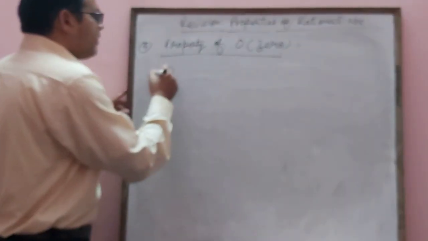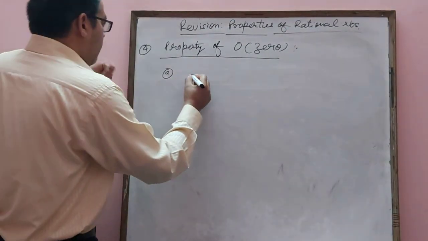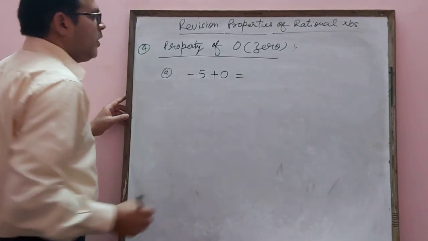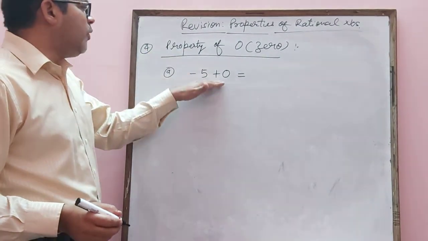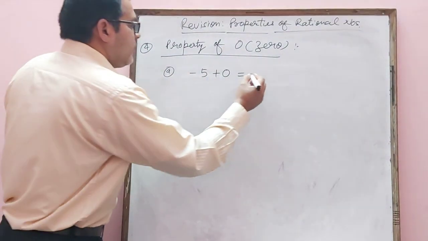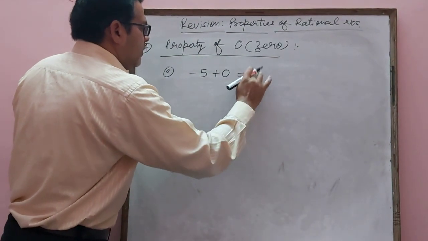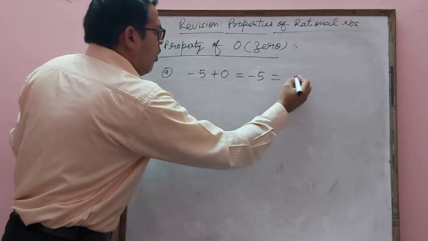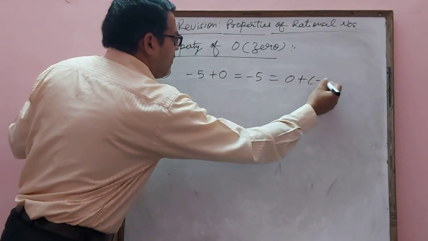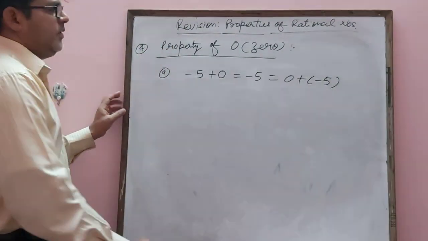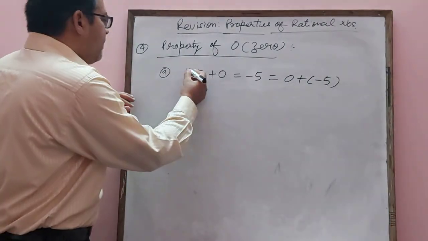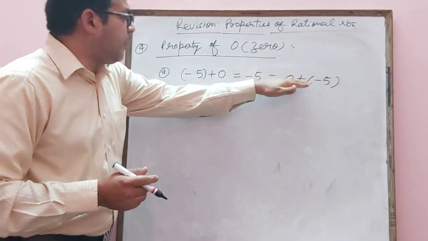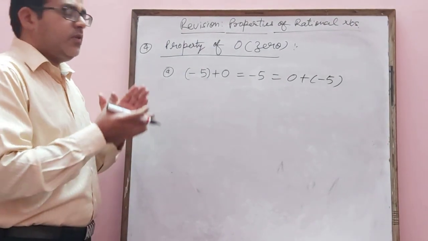Three observations I am taking here. If we add 0 to an integer, we will have that integer only, or we can write it as 0 plus minus 5. Minus 5 plus 0 equals minus 5, and 0 plus minus 5 is also minus 5.